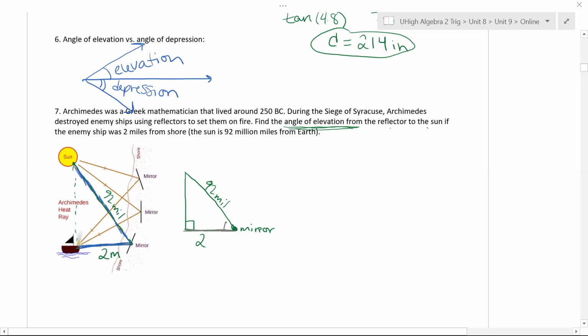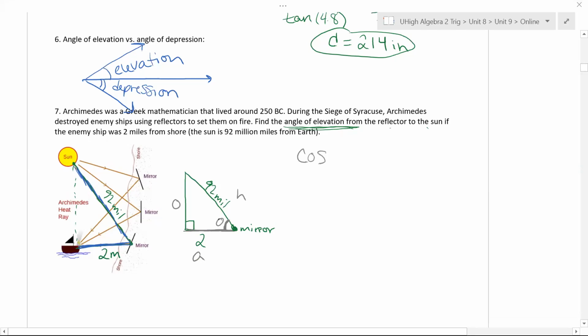So I'm looking up. So I'm looking for this angle down here. So right now, if this is the angle that I'm looking for, this is going to be my opposite, my hypotenuse, and my adjacent. So which trig function uses adjacent and hypotenuse? That's going to be my cosine.